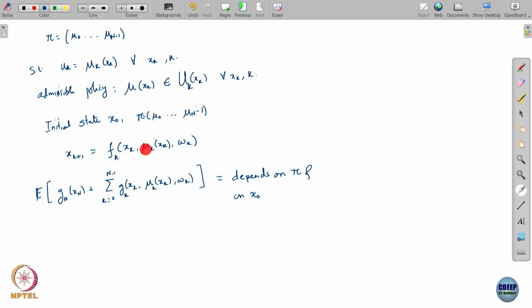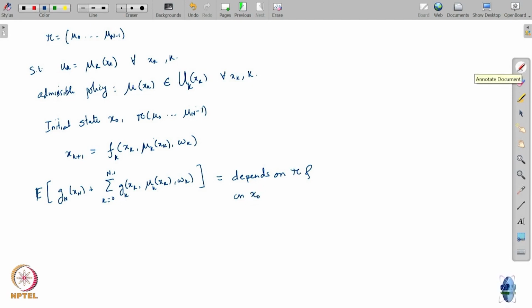Once I fix my initial state and the policy that I have chosen, the noise distribution determines the evolution of the state sequence. So what we have is the expected cost evaluated over this noise sequence, and that depends on pi as well as x 0.